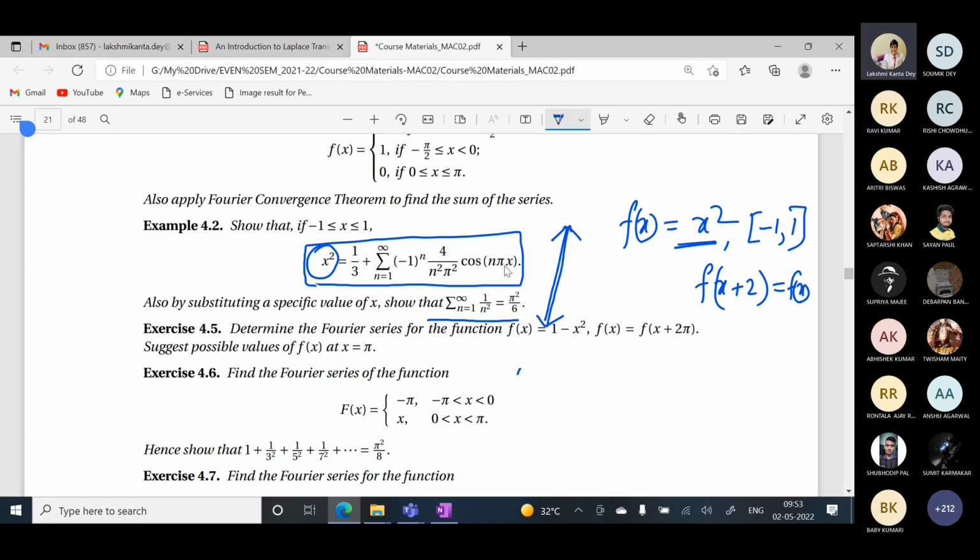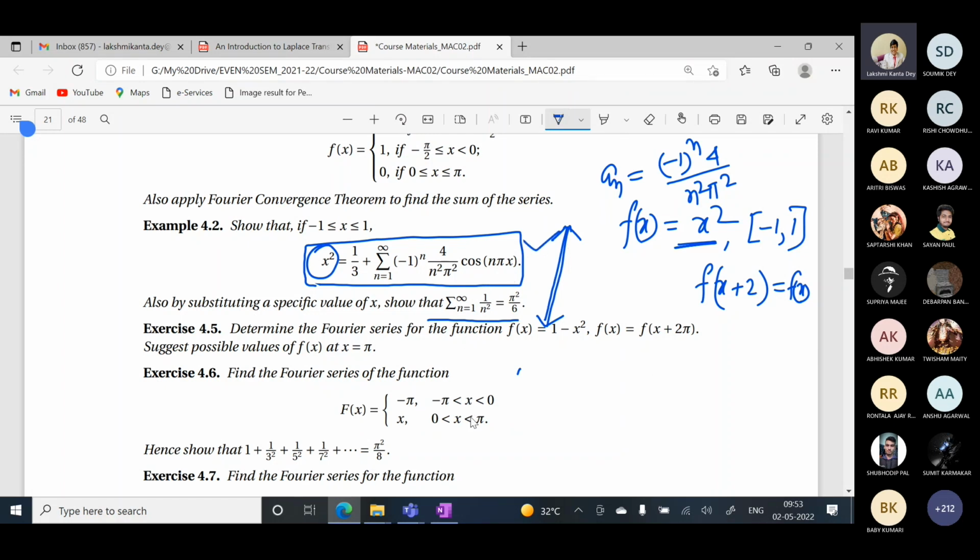And for a_n cos nx, b_n will be 0. a_n will be minus 1 to the power n, 4 by n square pi square. Here it is n pi x by L, and L is 1, so ultimately it is n pi x. So this part is fine.